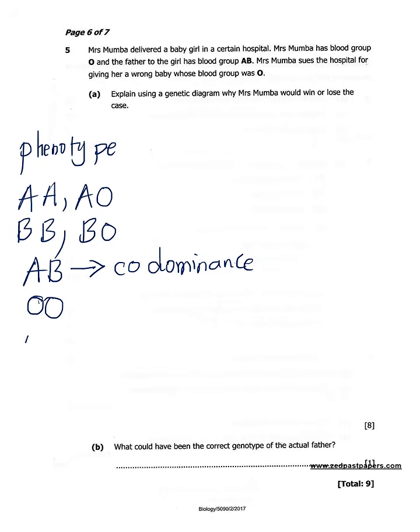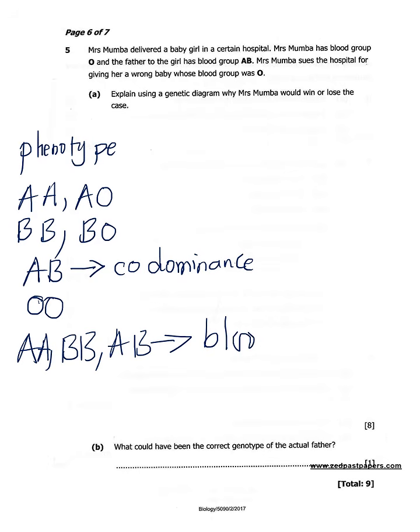If one of the couple, one of the parents, has AA, BB, or AB, they cannot have a child with blood group O. I'm sure now you can see why in this case Mrs. Mumba would win. Blood group AB cannot have a child with blood group O.